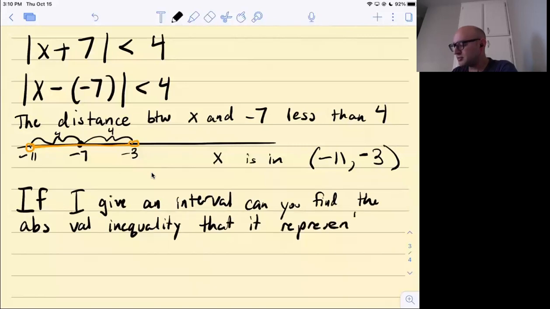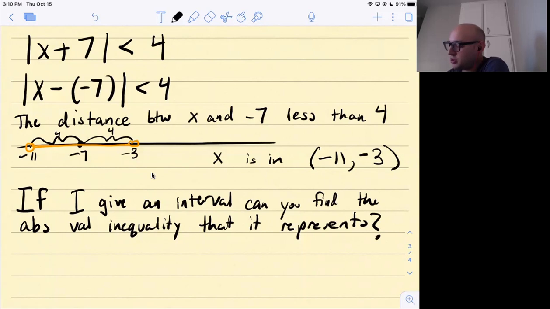And the last thing after we do this is I'll share with you a little bit of why this kind of notation and thinking about distances and intervals is really, really useful.